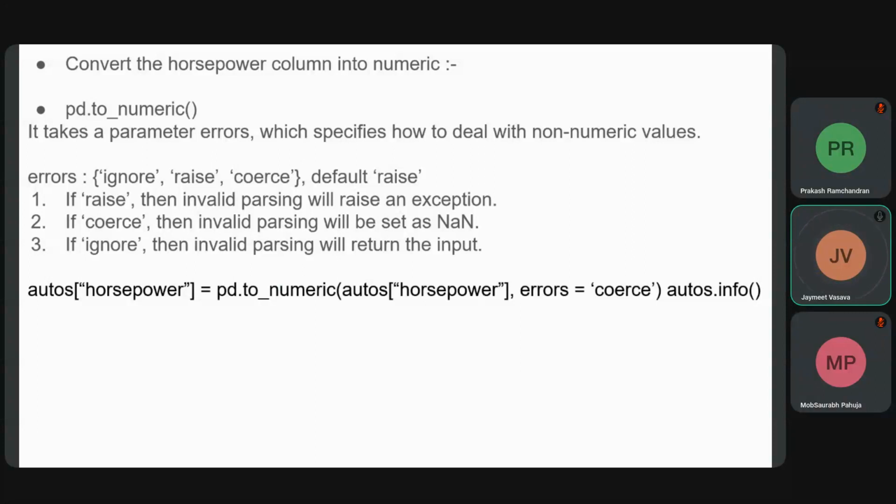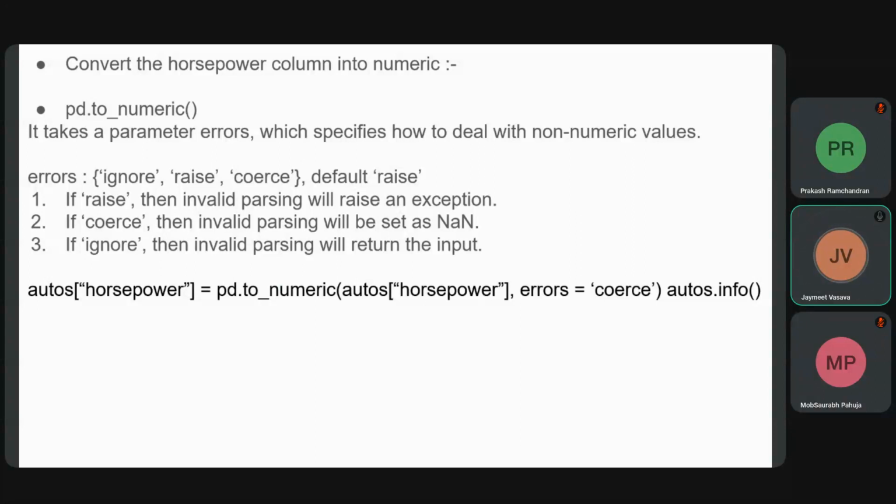Raise for invalid parsing will create an exception. Coerce for invalid parsing will set it as NaN, and ignore for invalid parsing will return the input.